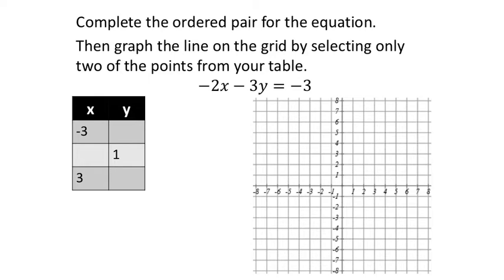So on this first one, let's go to the original equation, negative 2x minus 3y equals negative 3. Right here, though, it's asking for the y value when x is negative 3. This one I put in red there. I can't just plug this one in the calculator.